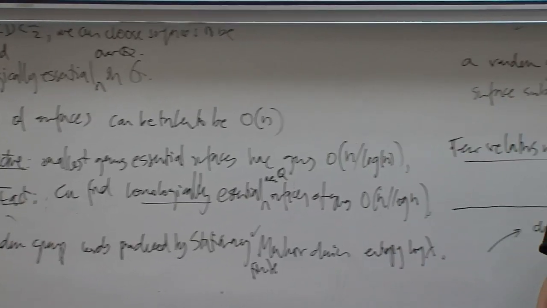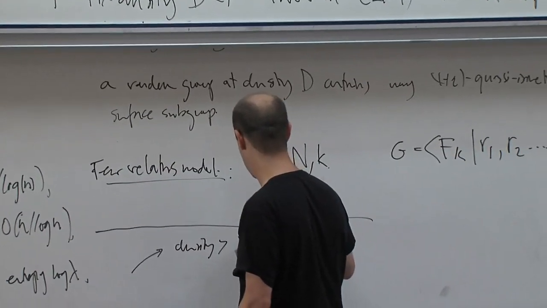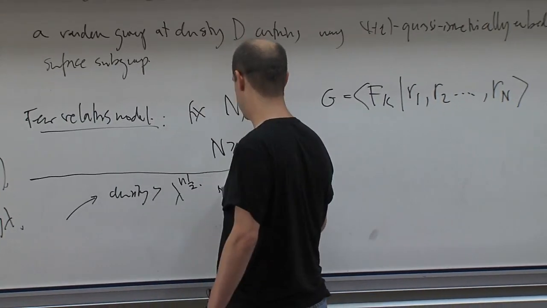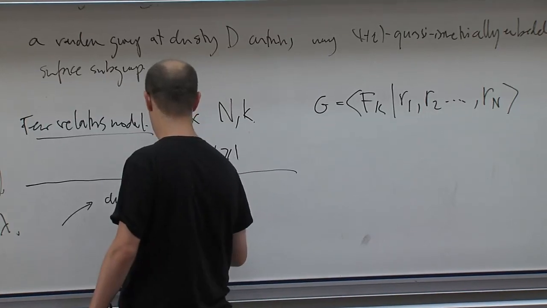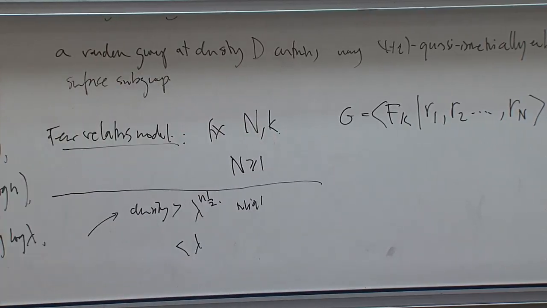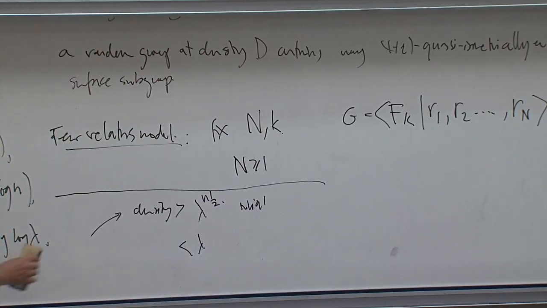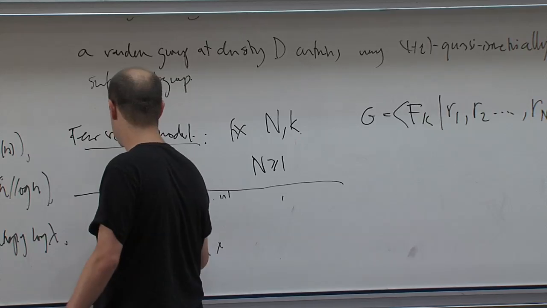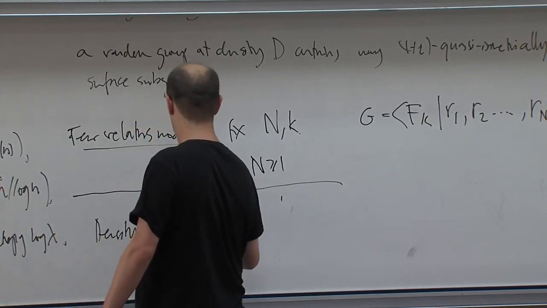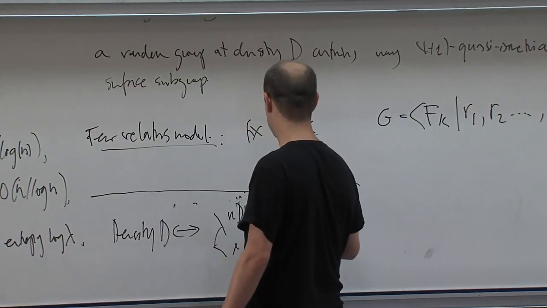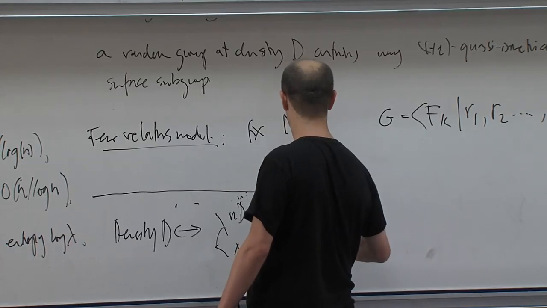Density d means lambda to the nd random, independent words.